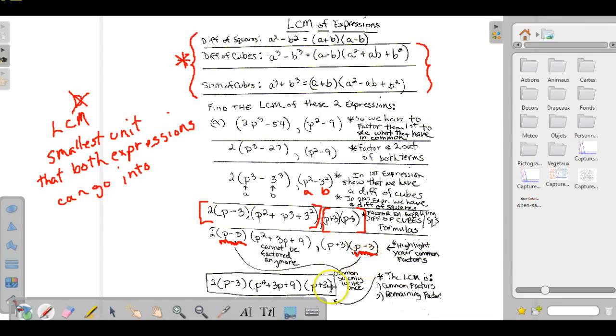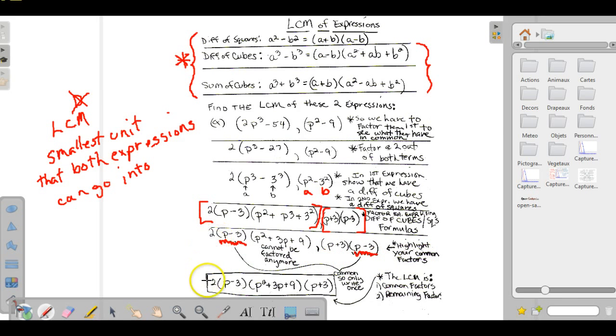Anything that's in common right here, these two are in common, so we only write them down once for our least common multiple. So we just start out writing, and just remember that the one that's highlighted in red only gets written once.